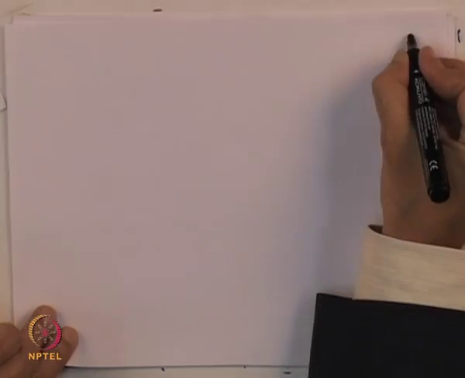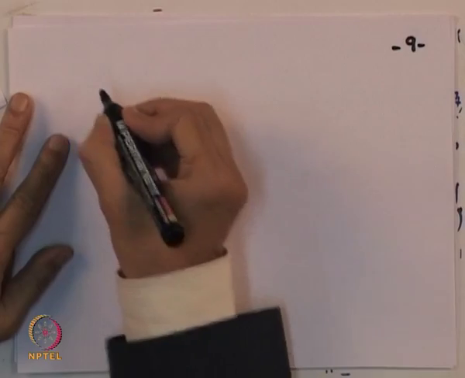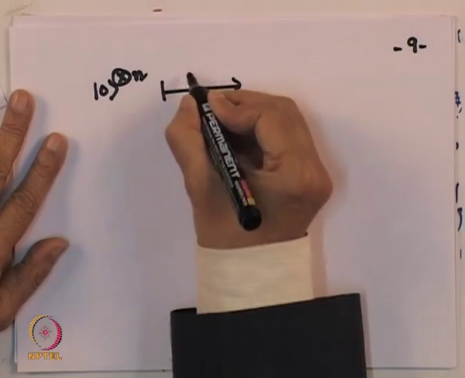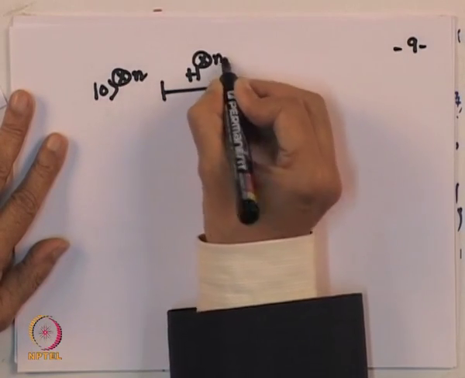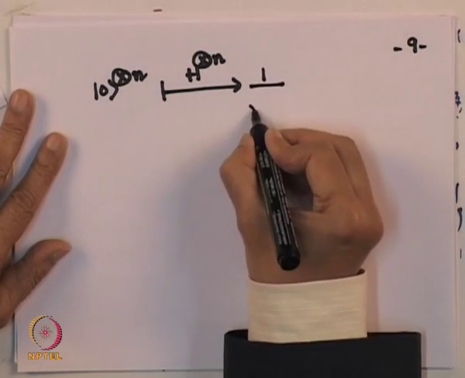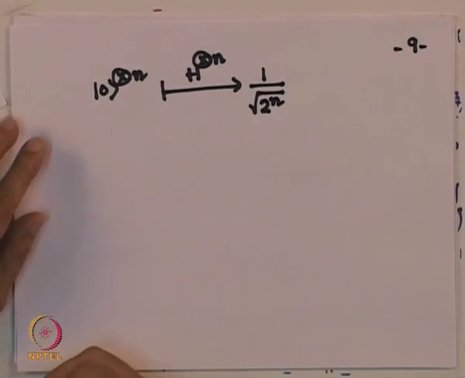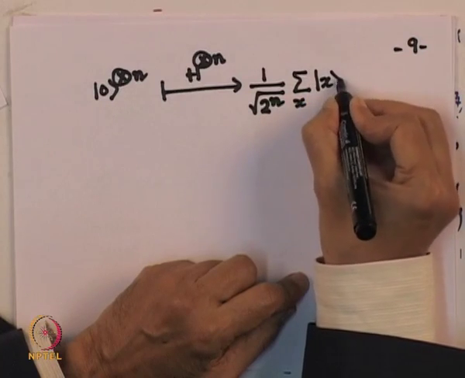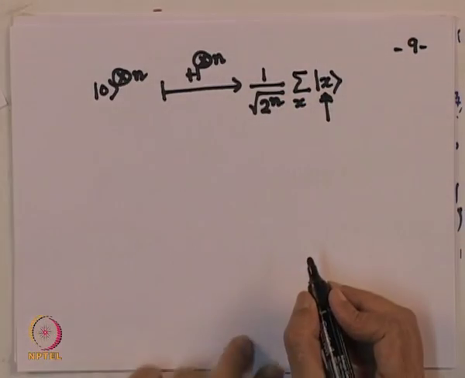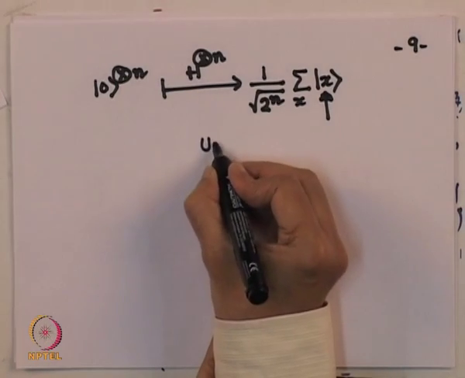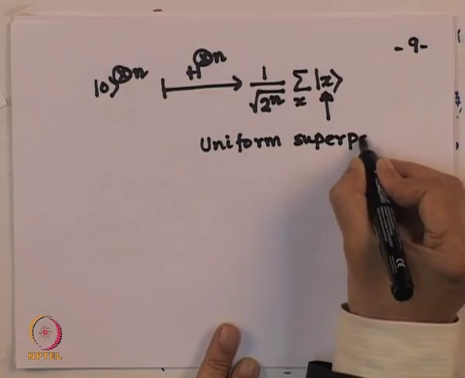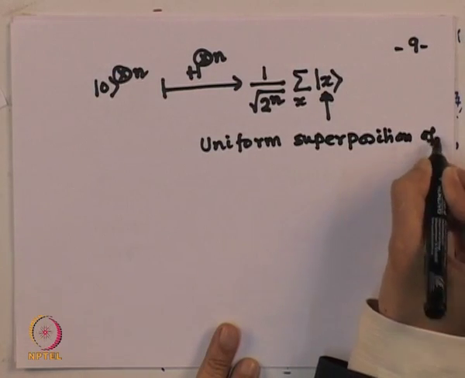Now, extending this, if you have n number of zeros and pass them through n Hadamard gates, then what you get is 1 over square root of 2 to the power n, sum over x, where this x that I have written down here gives the uniform superposition of n qubit basis states.